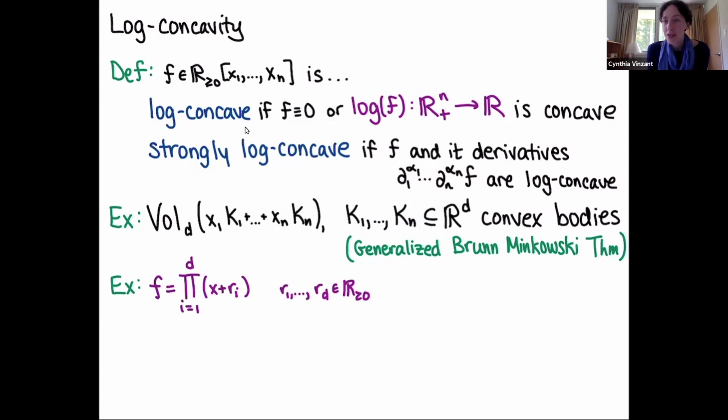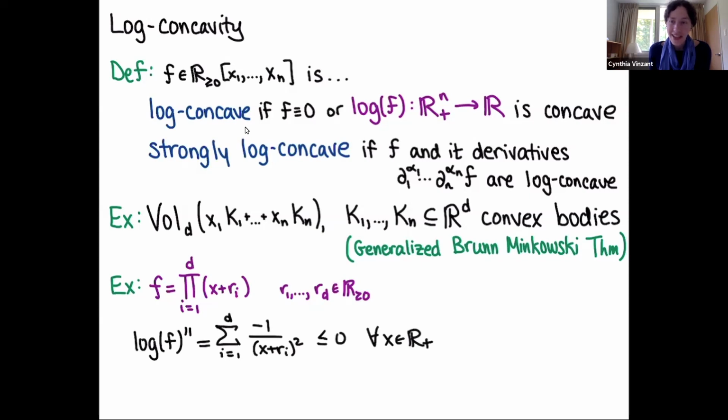A much simpler and easier to check example comes from a univariate real-rooted polynomial whose roots are non-positive, so let's say whose roots are all negative. And this we can check very explicitly. How do we check concavity? We take log, we take two derivatives.